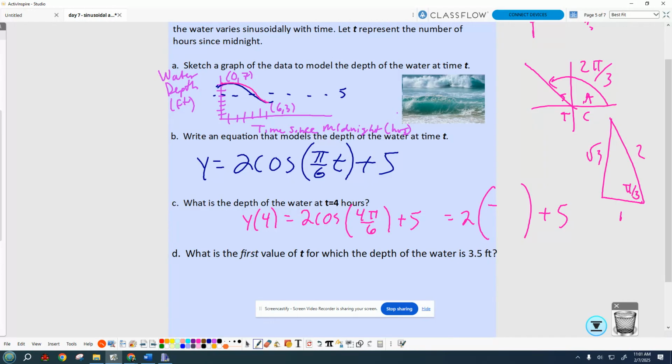What is adjacent to the pi over 3? 1 over 2. And it was a negative 1 over 2, so 2 times negative half is negative 1. So the height of the water in 4 hours is gonna be 4. Does that mean the height of the water at 6 is gonna be 6? No, because it's not linear. It just happened to be when I plugged in 4, I did get a 4 out. That doesn't always happen.